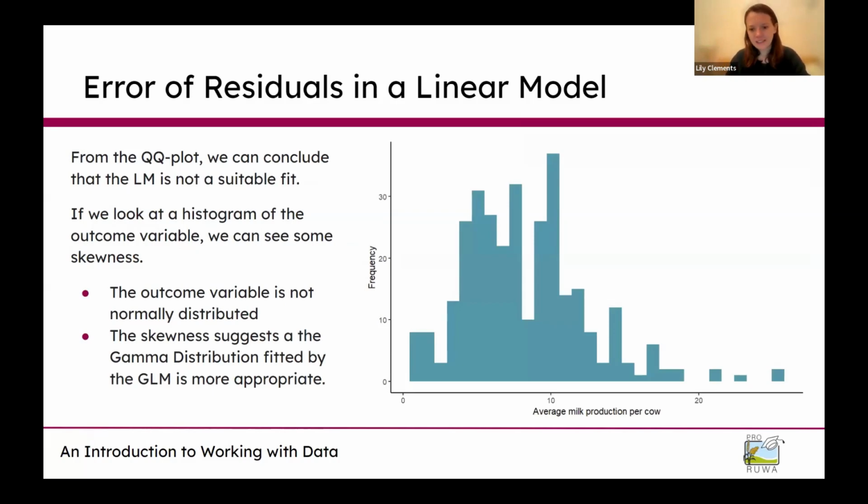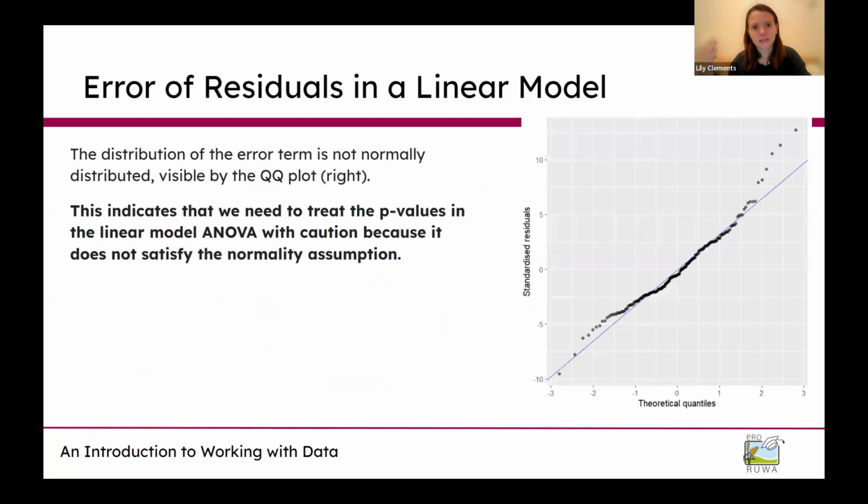And we could see then that the distribution of our outcome variable is not normally distributed, and hence this implies that our linear model is not a sensible fit for our data, and instead the generalized linear model with the gamma distribution is probably more sensible and more appropriate for this data. And that is supported by these error plots.